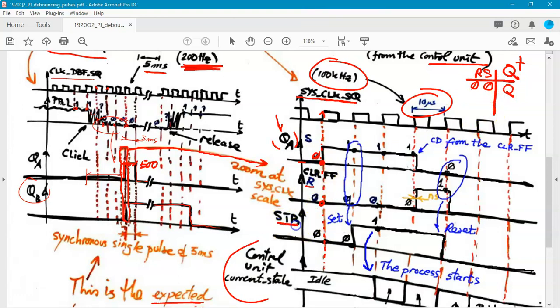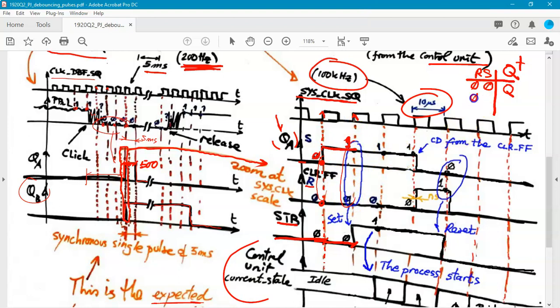So the output of the flip-flop is kept, because if you have 0, 0, this 0 is kept for another 10 microseconds period. And now let's see what happens. Because now, the QA is already high. So a 1 is detected now. So what you've got here is the perfect situation of a set.